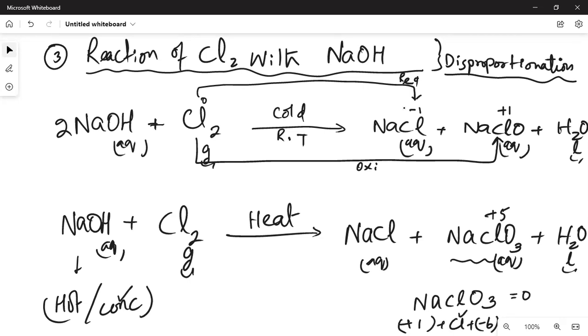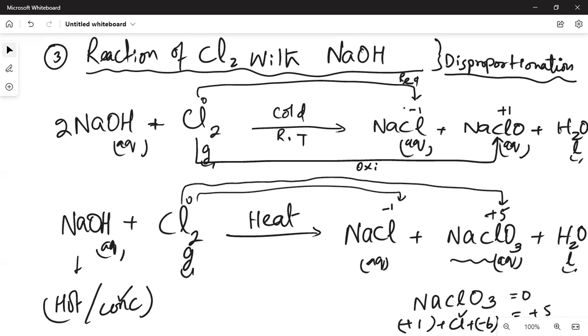So if I'm working out chlorine from here, I'll get +5 for chlorine. So NaClO3 में chlorine is +5 and NaCl में तो वो -1 है. So from 0 it goes to -1 and then from 0 it goes to +5. So we call it again disproportionation.